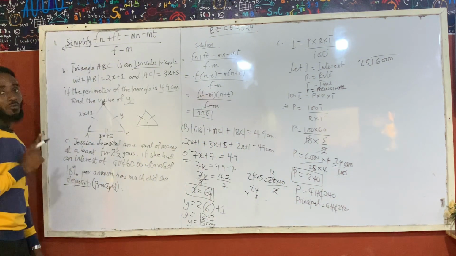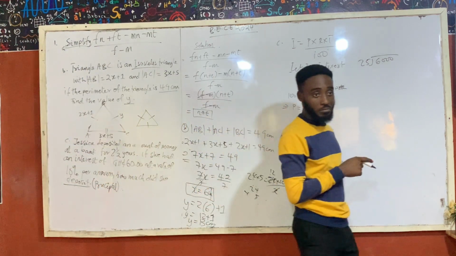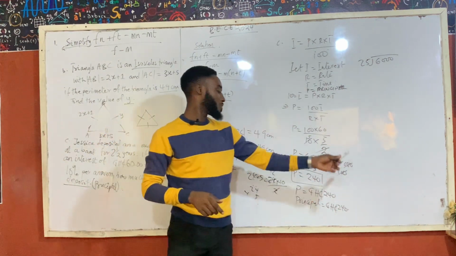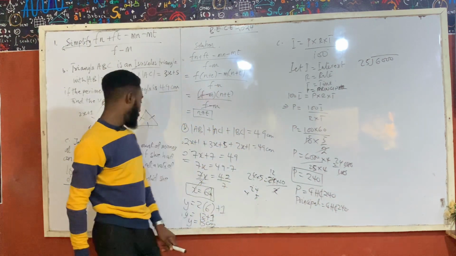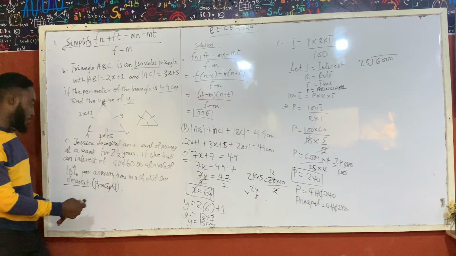But the question didn't ask you for principal. So you don't write principal as a final answer. You don't just leave the thing carelessly. You don't write P is equal to this principal. The question didn't ask for principal. It asked how much did she deposit.